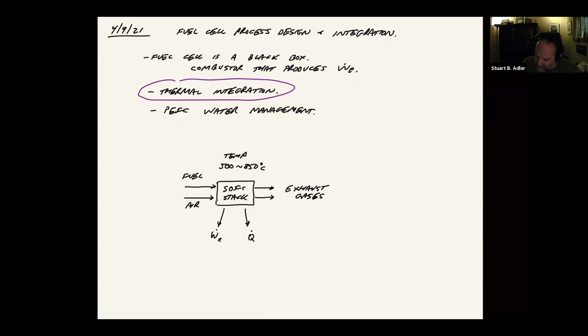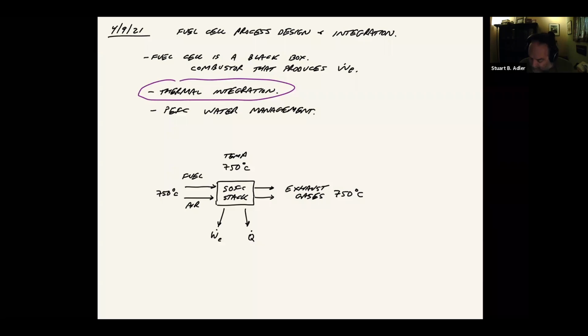When we've been talking about that, we've sort of been thinking about it as an isothermal thing. So imagine, instead of giving a range, imagine we have this thing operating at a specific temperature, 750 C. And the fuel and air are going in at 750 C, and the exhaust gases, they're coming out also at 750 degrees C. Think about how we would manage this, right?